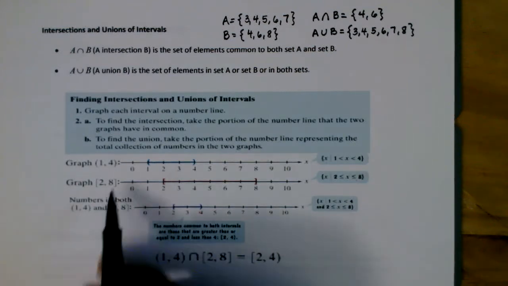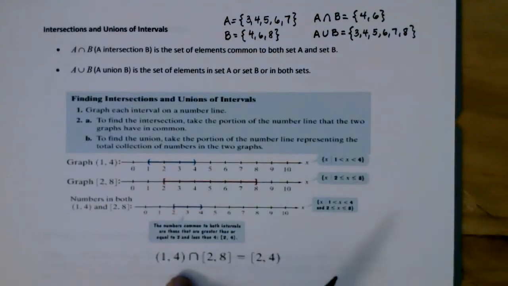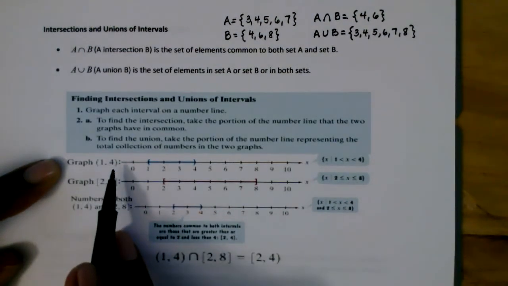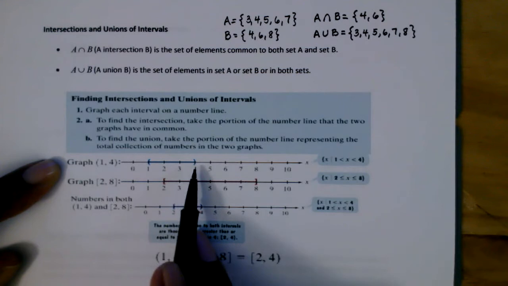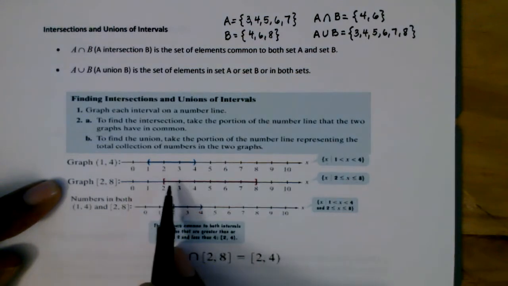Okay. So now in this case, let's say we wanted to find the intersection of the open interval 1, 4 and the closed interval 2, 8. Now notice that they graphed the open interval 1, 4 on the number line like this. And they graphed the closed interval 2, 8, as you can see, like this.